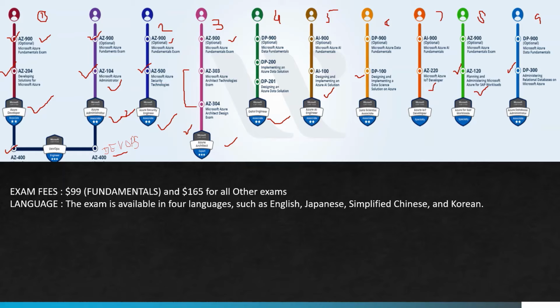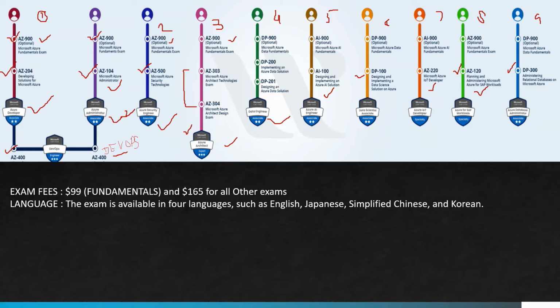Okay, and if you are a beginner, then I'll suggest start with AZ 900. Okay, and then AZ 104 or AZ 204. Once you have this, then I'll suggest go with security. Once you have security, then go with AZ 400 or AZ 303-304.